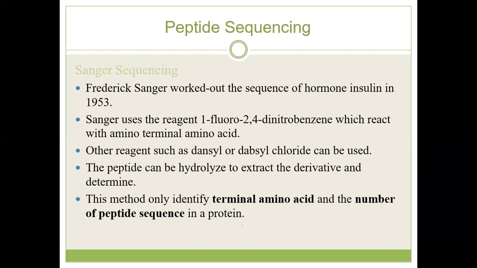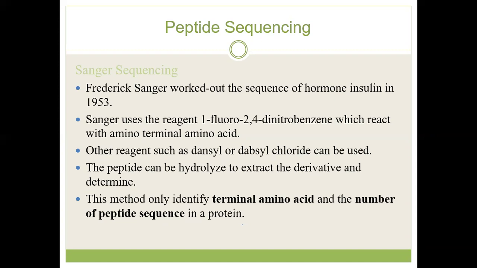So when you have a protein that contains these two peptides, that protein can have two N-termini, the N-terminal for one peptide and the N-terminal for another peptide. So you can use this to determine how many peptide sequences you have. When you subject this kind of protein to Sanger sequencing, you are going to have two derivatives. Your compound 1-fluoro-2,4-dinitrobenzene will react with two different amino acids.